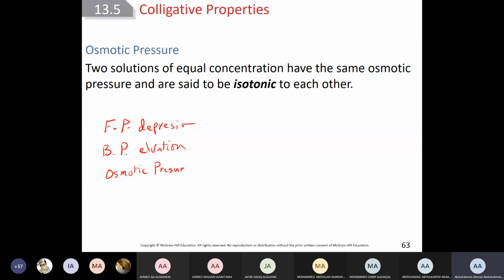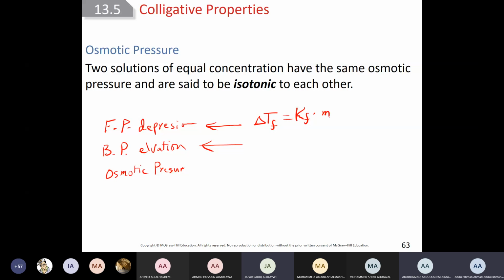What's the equation for freezing point depression? Delta T_F equals K_F times m, molality. Good. What's this equation?